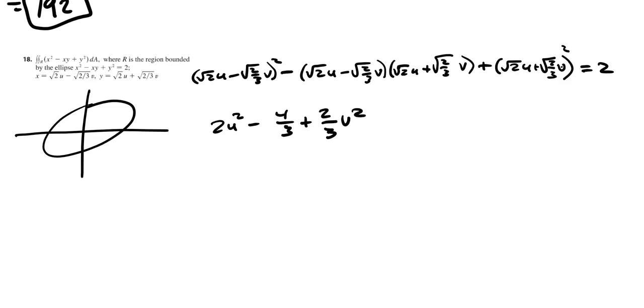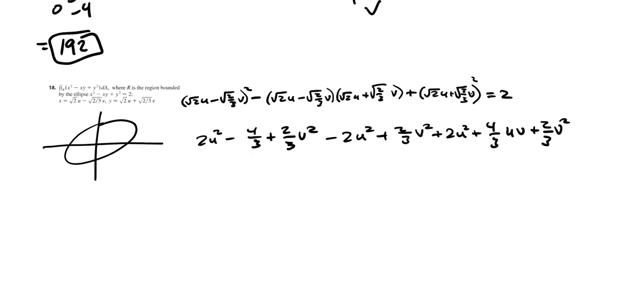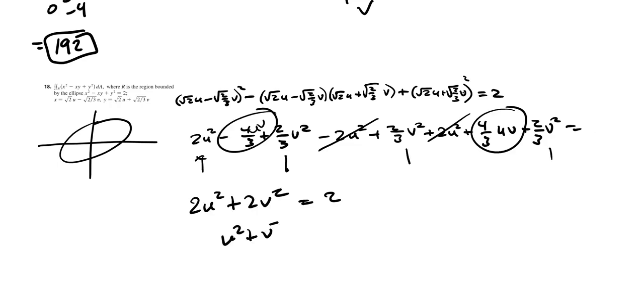The cross terms cancel, and then plus 2u squared plus 4/3 uv plus 2/3 v squared equals 4. When you combine like terms, the 2u squareds cancel, the 2/3 v squareds add up, and we get u squared plus v squared equals 1.